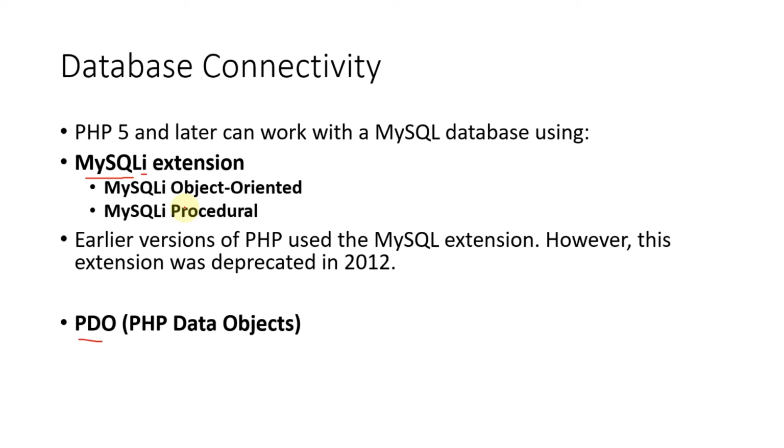MySQLi is particularly used for the MySQL DBMS, while PDO can be used for 12 different database systems. If you have to switch your project to use another database, PDO makes the process easy because it has support for multiple databases.